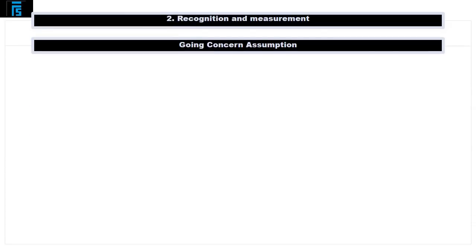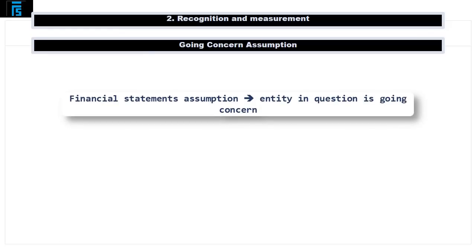Before we take a proper look at this topic, we first need to explain one very important concept, and that is the going concern assumption. Financial statements are normally prepared on the assumption that the entity in question is a going concern.